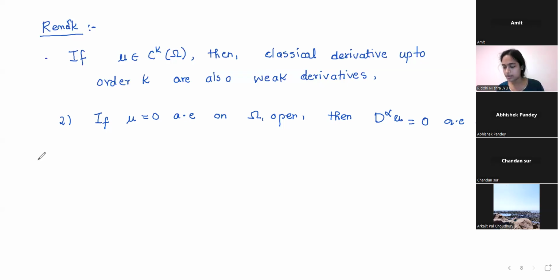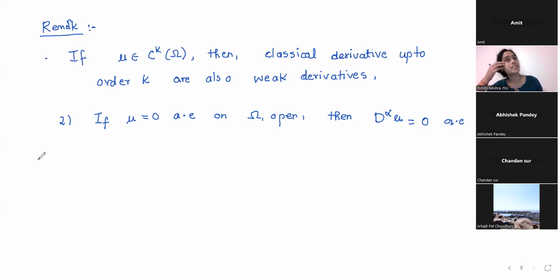So what I'm asking is about D1U, which you call the gradient. D1U is almost everywhere defined, right? Yeah, D1U is almost everywhere defined. So now can I ask about the directional derivative? Is there some notion like that?